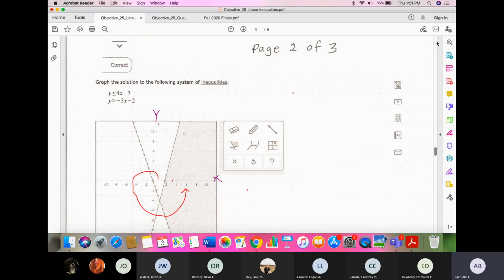Just like we did today. You may be lucky and the first point that you choose for your test point may work for both inequalities. I wanted to do one where you saw how to go about dealing with it if you had to go through all 4 regions to get a test point. So I think I've done that.